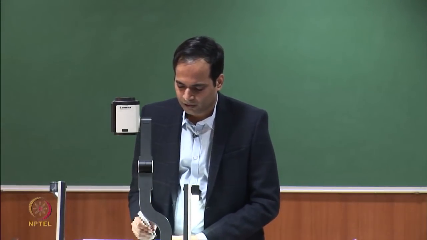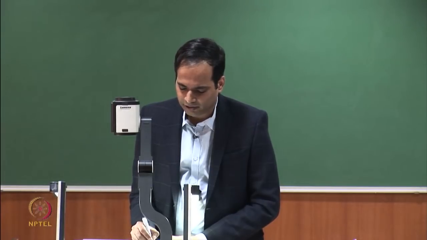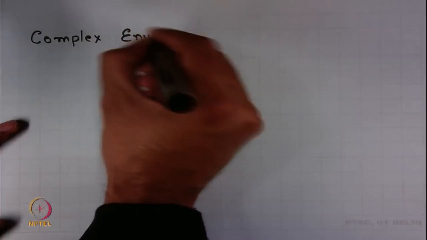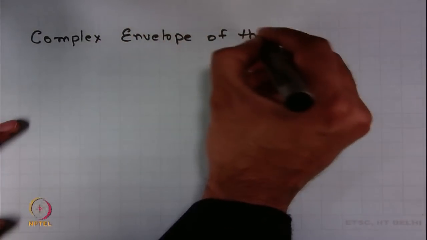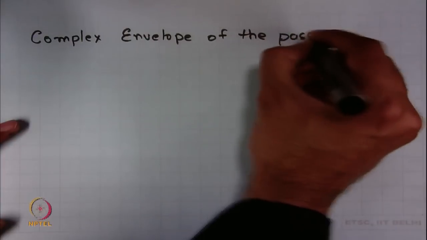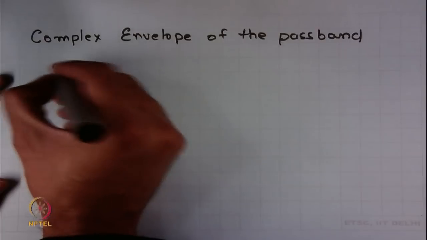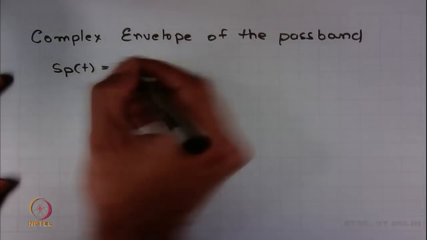Now, I can define a quantity known as the complex envelope of the passband signal. So, let me write this passband signal's equation again.